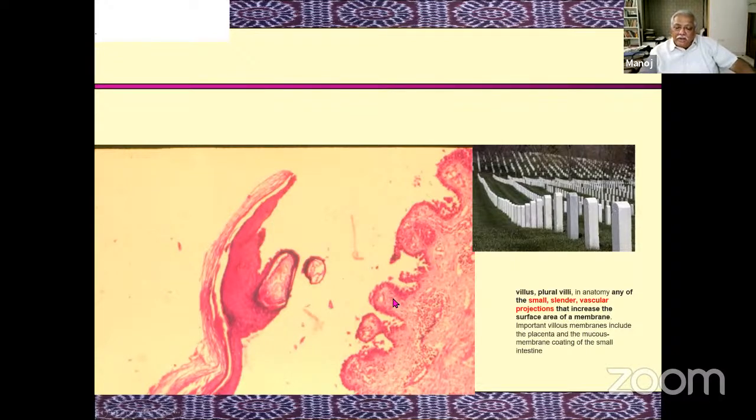You would remember that a villus is a small little protrusion, usually described in the intestine. In the skin also we have villi. So these two appearances, a row of tombstones for individual cells and presence of villi, are fairly indicative of a particular group of disorders.